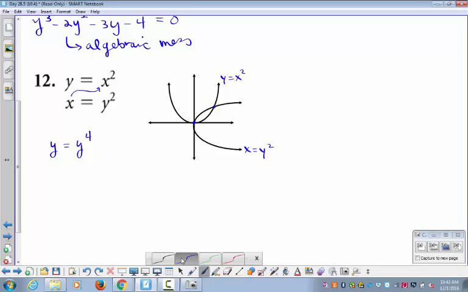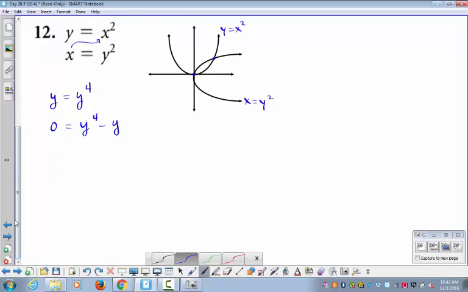Nonlinear equation. Everything to one side and factor. Don't be dividing out a variable. GCF comes to the front. GCF is pretty easy in this case. It's just y.